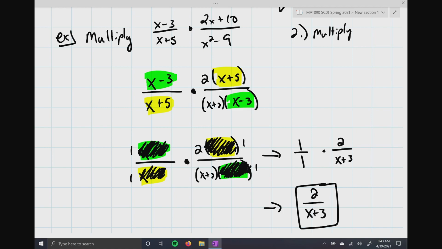Hey, I got a question for those of you in the room. If you didn't have me for MAT090 or whatever, were you taught the prime factorization method for simplifying fractions, or were you taught like the shortcut, like, oh, they're both even, so divide them by 2? You were taught the prime factorization method?